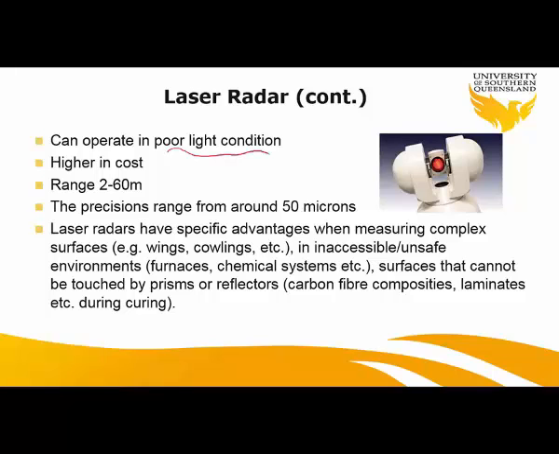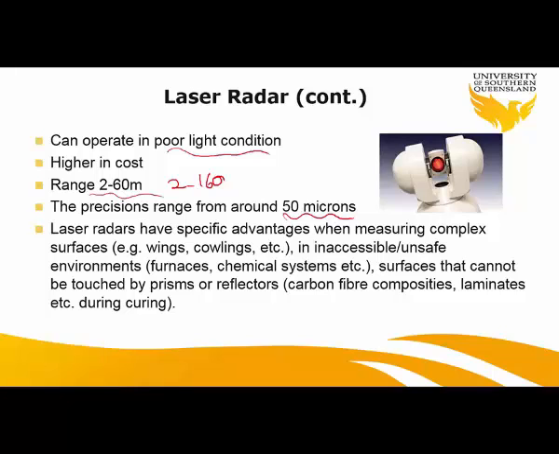You can operate it at night, for example. It's a relatively expensive instrument. It can measure a range of 2 to 60 meters, which is lower than the range of the laser tracker. If you remember, laser tracker could measure from 2 to 160 meters. The precision you can achieve is better than 50 microns.